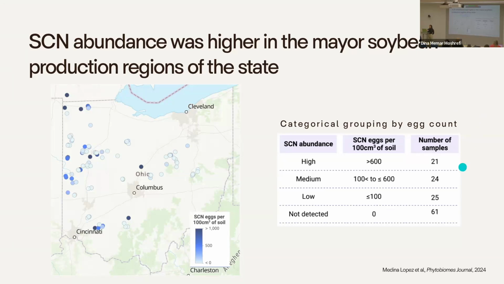To do so, we used as a guide the threshold that we give growers in Ohio specifically, where once you have over 100 eggs per 100 cc's of soil, that's the point where you should start thinking about management of the soybean cyst nematode within that field. So we set that as the soybean cyst nematode abundance that already warrants intervention, and then worked ourselves down from there.